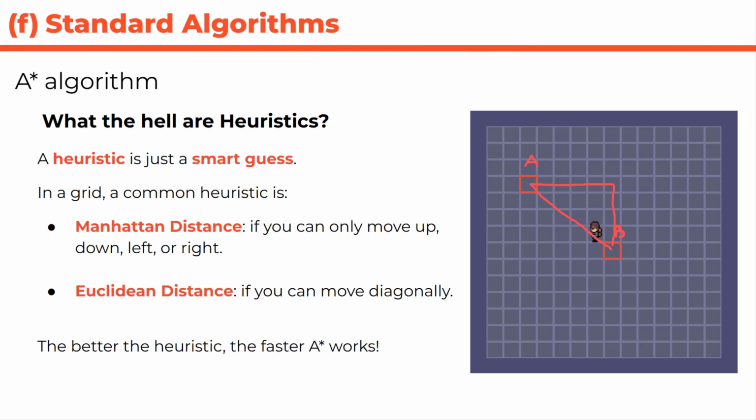Now, the better the heuristic, the faster the A-star algorithm works, and the reason why we use it over Dijkstra's is because of this reason. If you're sat in your car trying to get to London, for example, there's so many different variables, the heuristics are actually pretty good because you've got all the different roads, the speeds, the bearing, the direction or compass, for example. That heuristic is pretty good.